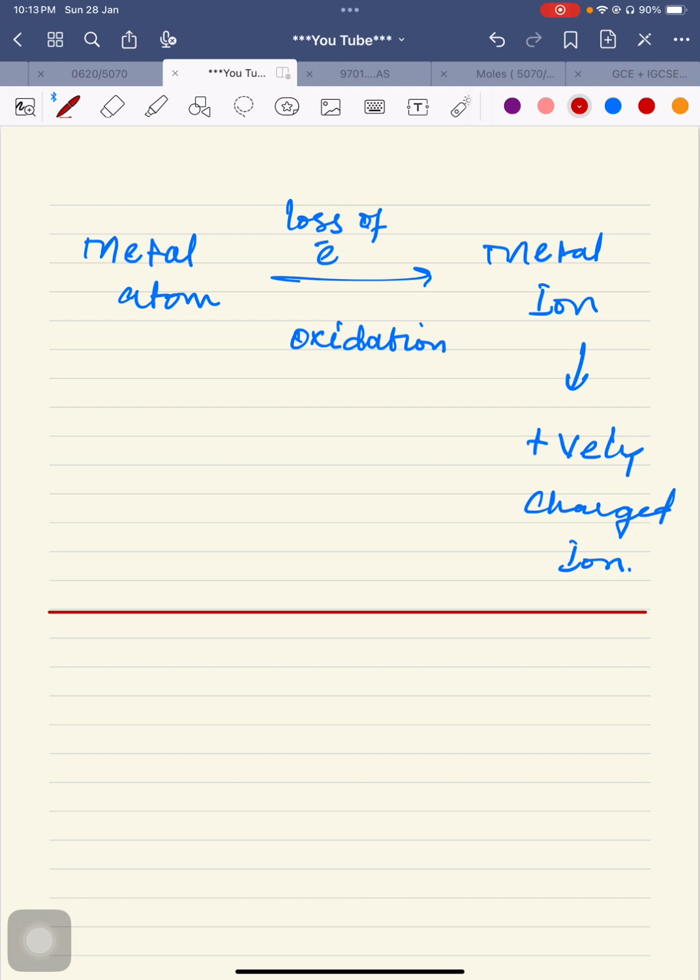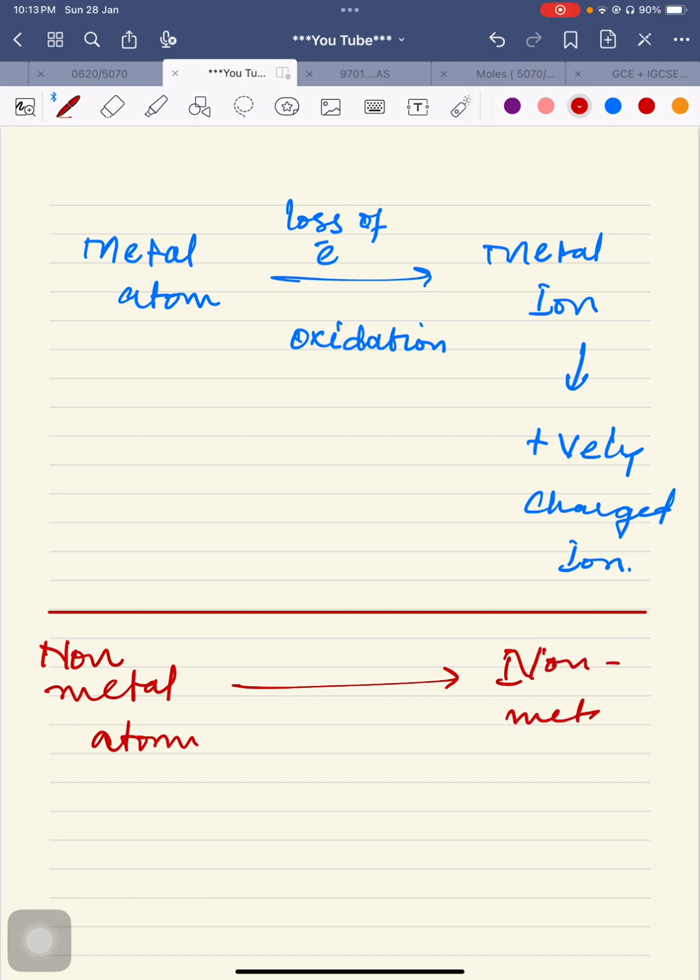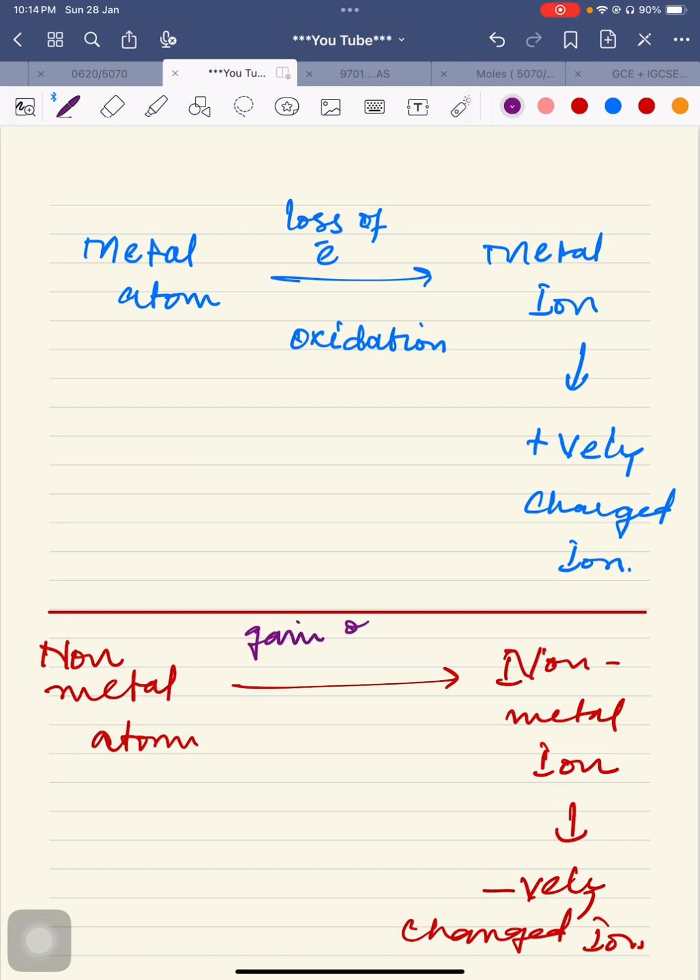Here I am writing with another color. If a non-metal atom is turning itself into an ion, that is a non-metal ion, and it is a negatively charged ion. How is it produced? It is by gain of electrons, and we can say that reduction is occurring over there.